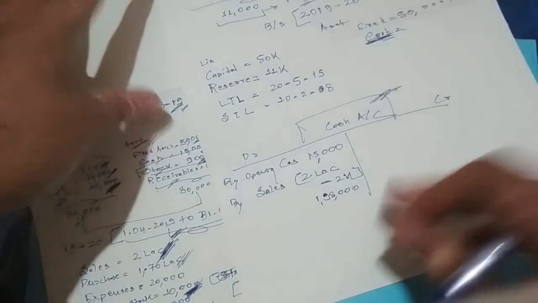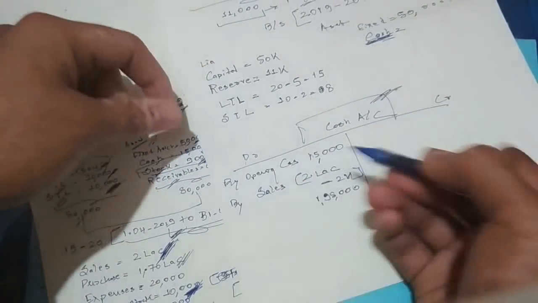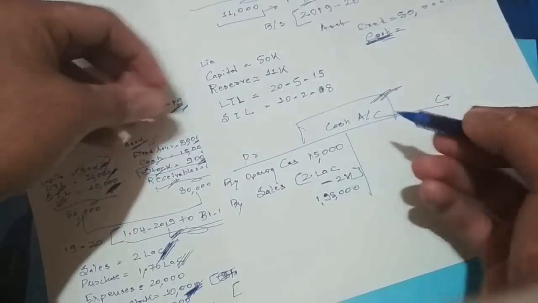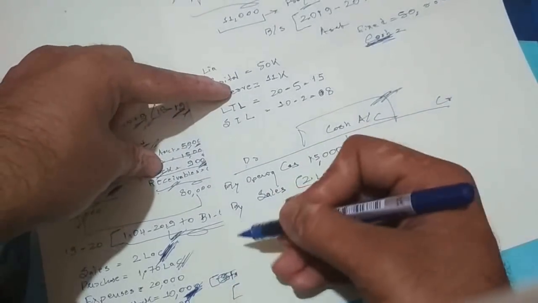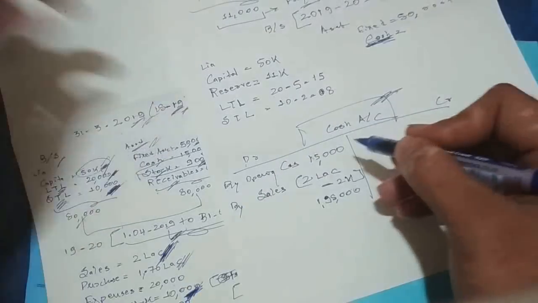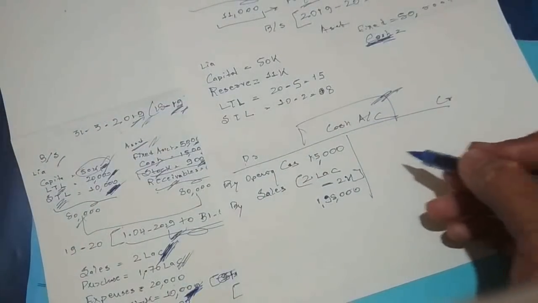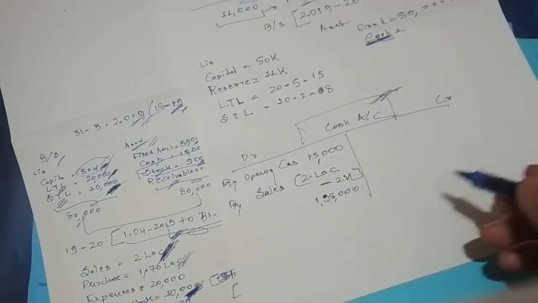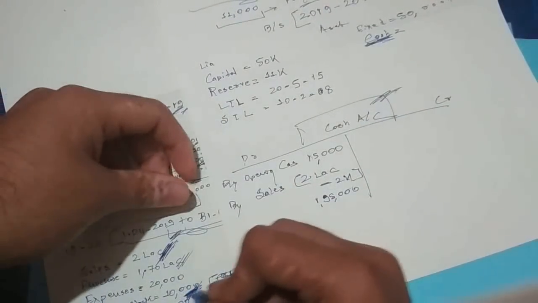198,000. Simple. Also we have to write whatever we have in the cash account. What we need to write is, okay, we bought fixed assets.